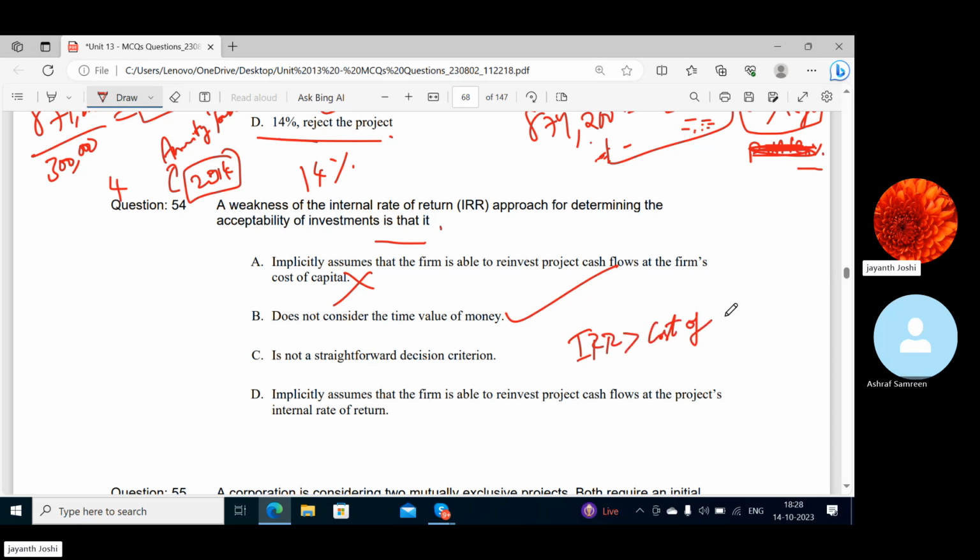Implicitly assuming that the firm is able to reinvest project cash flows at the project's IRR is one of the weak statements.